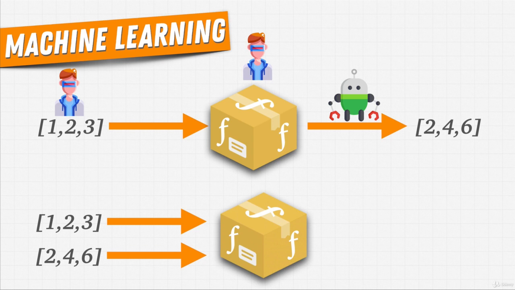And then the interesting part is that as developers, we give this input and output, but with machine learning, we say, hey, machine, you figure out what this function is.